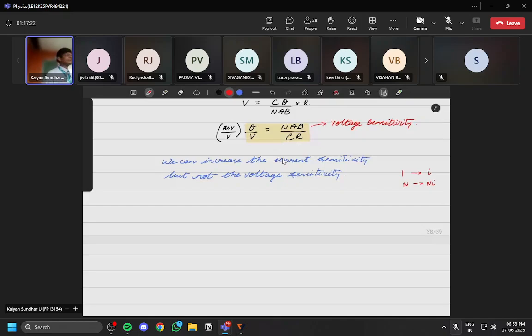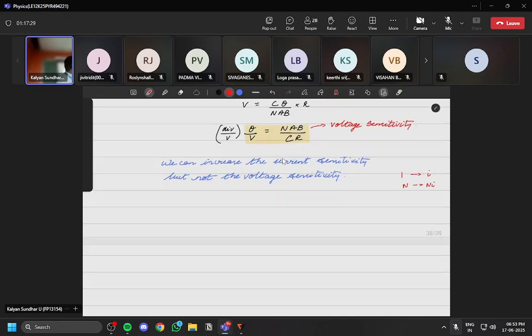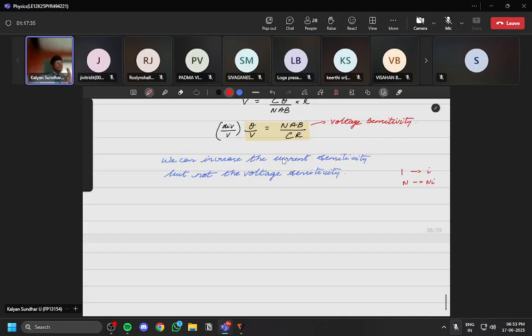Now if you consider it in terms of voltage, sensitivity depends upon your resistance also. The current sensitivity does not depend on resistance, but the voltage sensitivity depends on resistance. Now as the loops keep getting bigger, with n number of loops you keep making, what happens to the resistance? It will be increasing, correct?